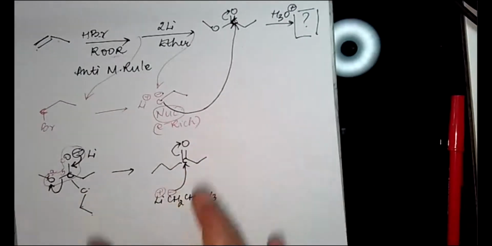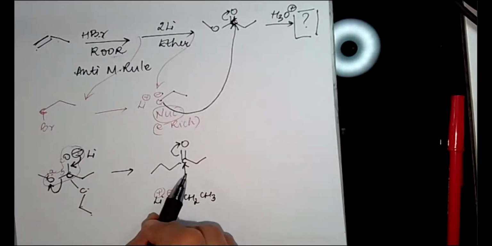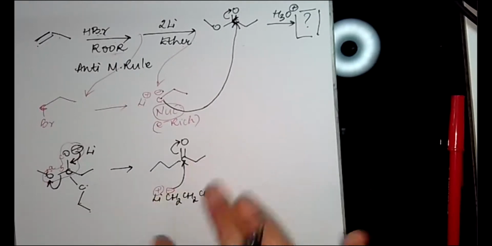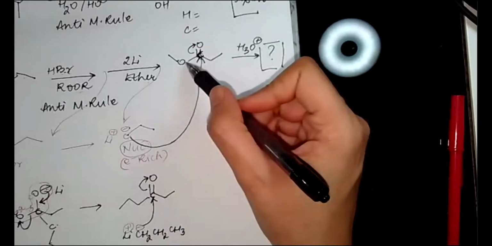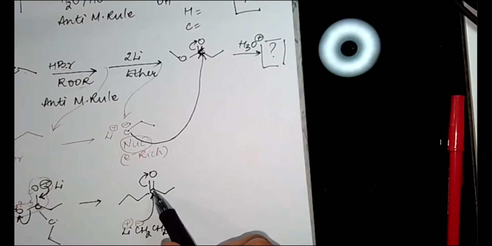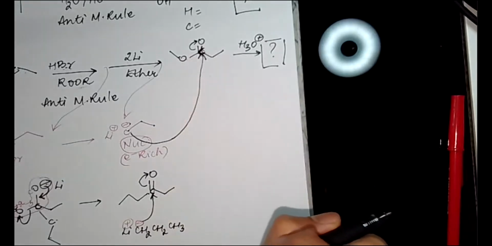So it will keep attacking it until it completely saturates it. And this happens only when you have an ester functionality, not with a ketone, not with an aldehyde, only with an ester functionality.